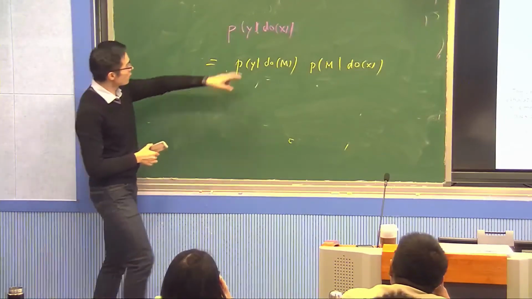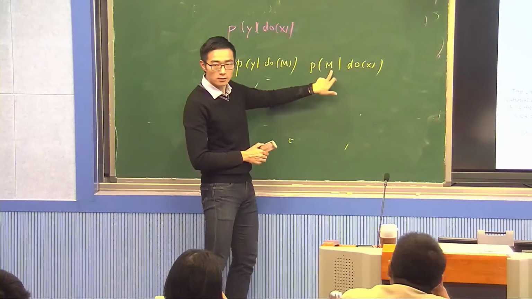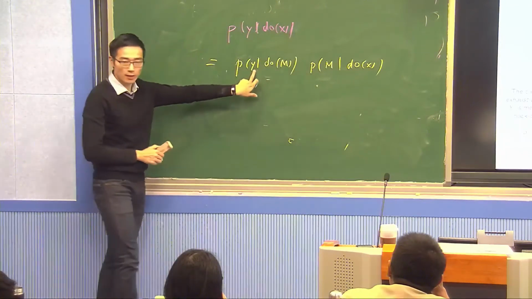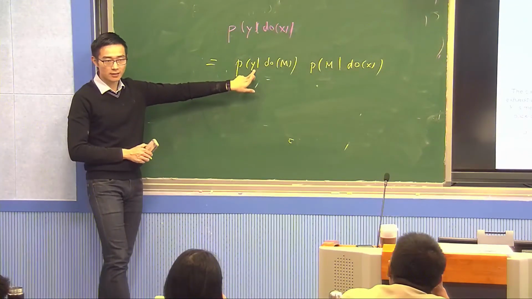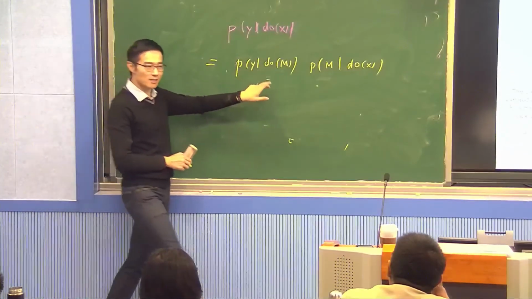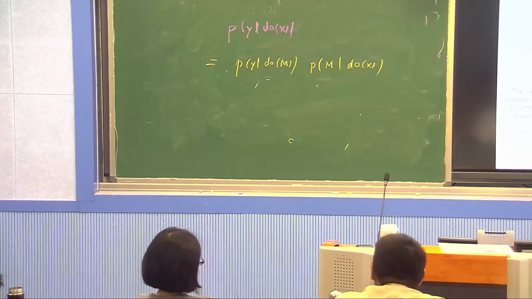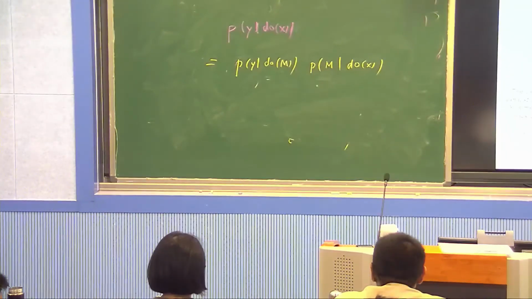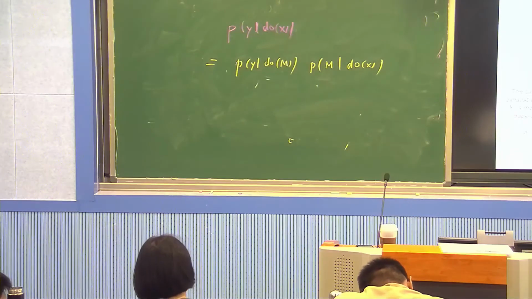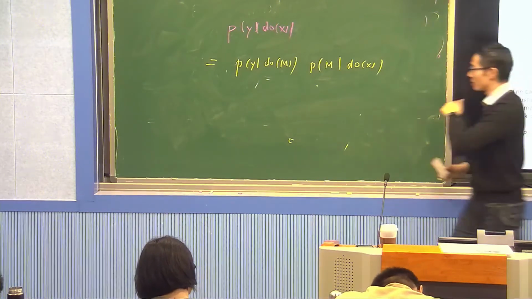The causal effect of X on Y is the causal effect of X on M and the causal effect of M on Y. Can I write that? Yes. Why? Because the only way to go from X to Y causally is through M. So the causal effect of X on Y has to be the effect of X on M and of M on Y.